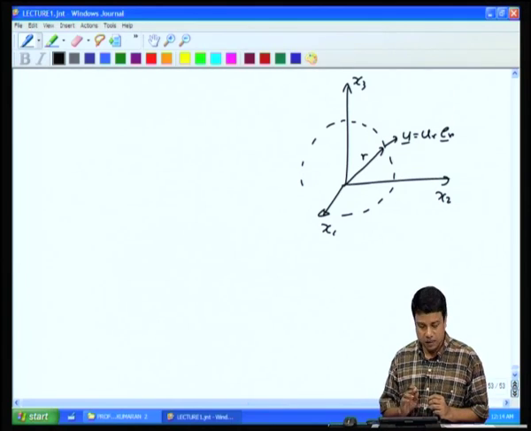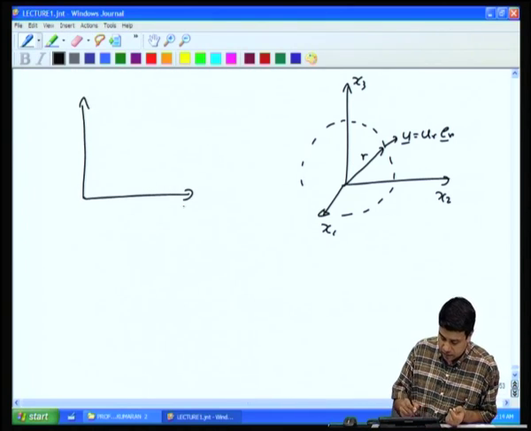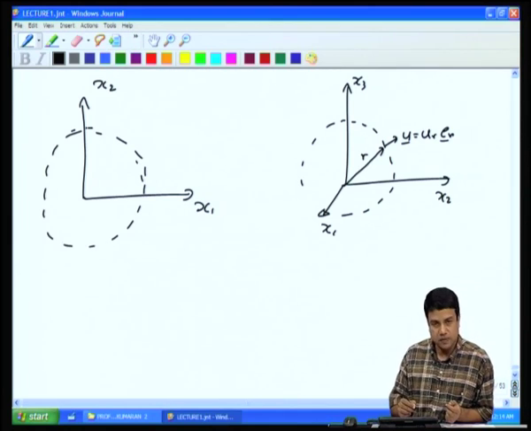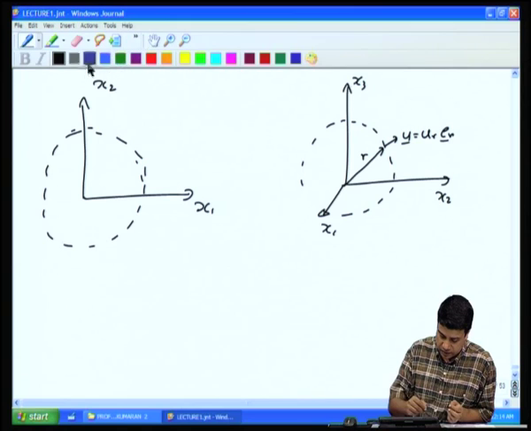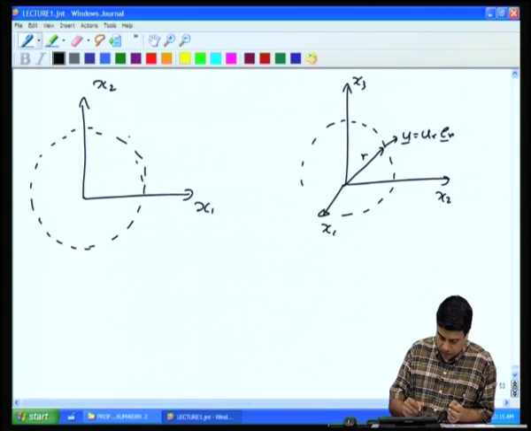So, rather than doing a 3-dimensional system, I will just restrict attention to a 2-dimensional system with just 2 coordinates, because it is easier to make the point in 2 dimensions. This is x1 and x2, and I have some circular surface of constant distance from the origin. And the velocity u vector is equal to u_r times e_r.